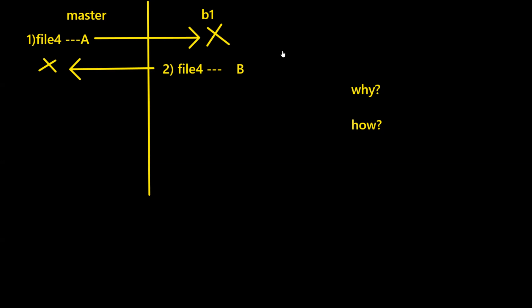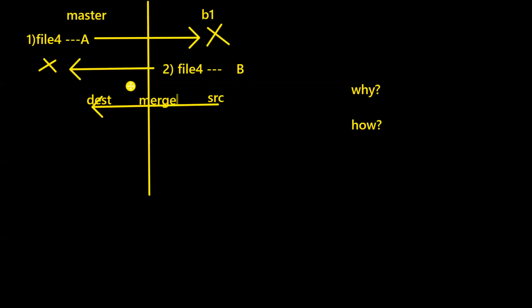Then at a later point of time, I'm trying to merge it. What is merging? From B1, this is the source, and master is the destination. Whenever you are merging, the concept is to bring the changes from one branch to another, or better, integrate the changes from one branch to another.